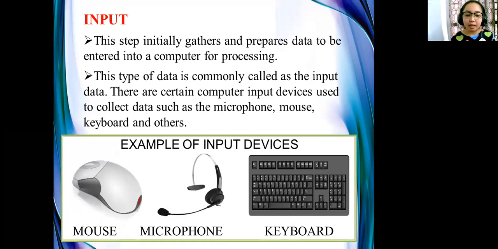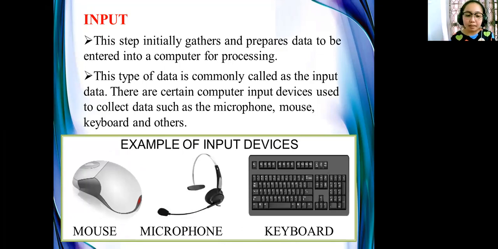So ito yung ginagamit nating mga devices kung saan ito yung ginagamit nating pang-enter. So this type of data is commonly called as the input data. There are certain computer input devices used to collect data such as the microphones, mouse, keyboard, and others.